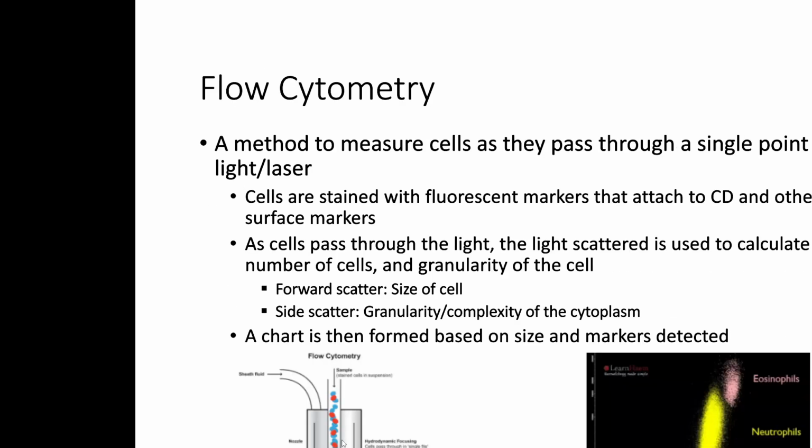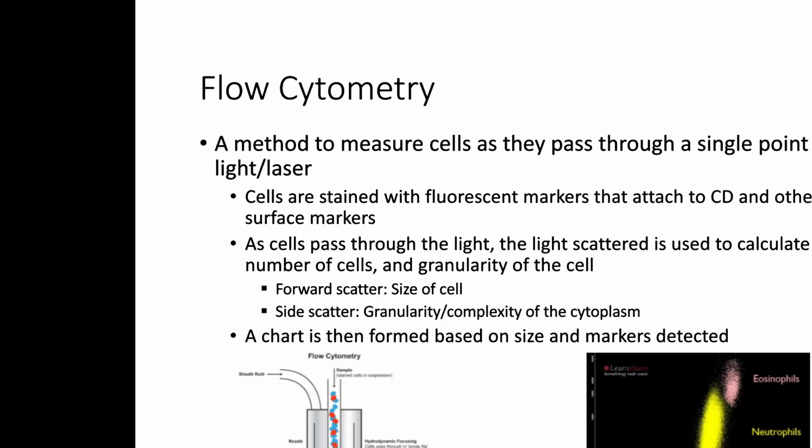The methodology of flow cytometry is this. Cells pass through a single point, and that point is hit by some sort of light or laser. As they pass through, these cells are marked with fluorescent markers that attach to specific CD markers that we need them to attach to.